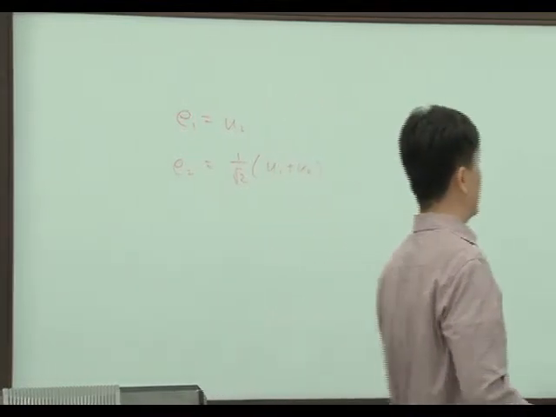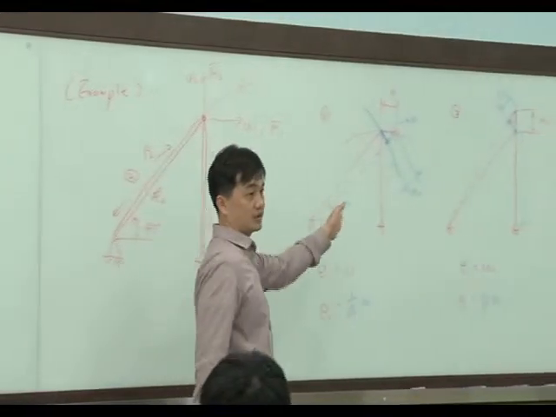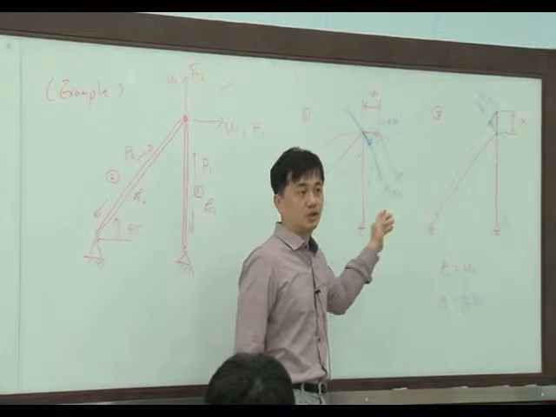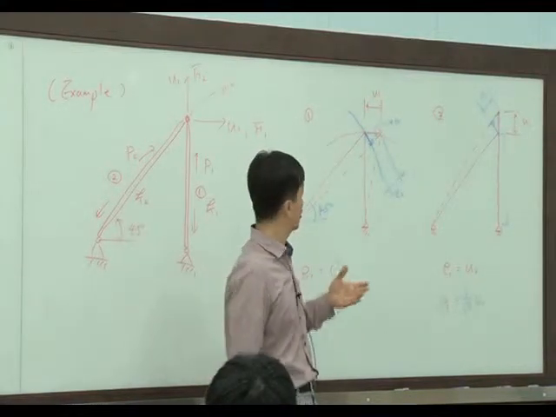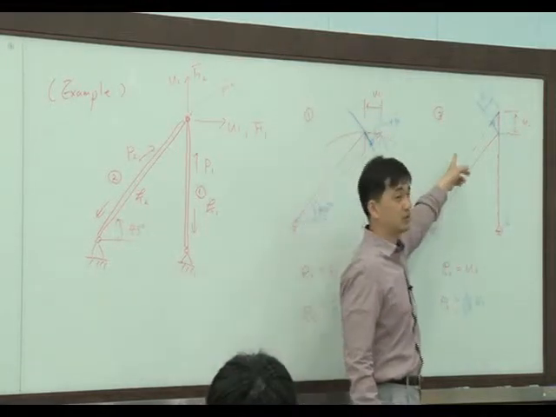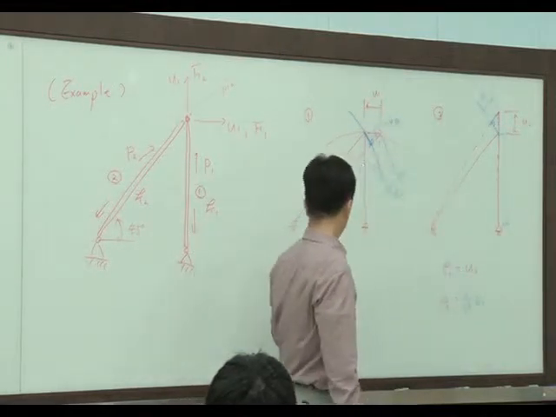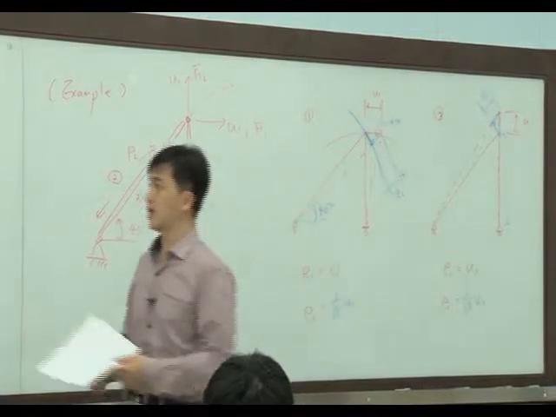And here we considered the real displacement case. This is real displacement. We can also consider virtual displacement. This is virtual displacement. We can also calculate the virtual strain, virtual stretch like that.